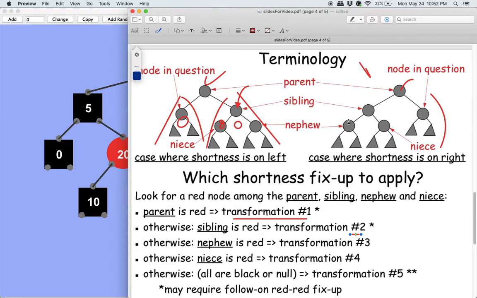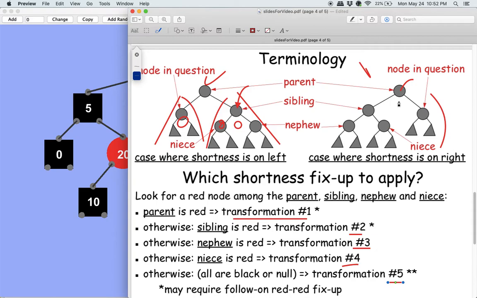Otherwise, if the nephew is red, I will do transformation number 3. Otherwise, if the niece is red, I do transformation number 4. Otherwise, if all of these guys are black or null, and the nephew and niece, one or both of them, could be null, then I will do transformation number 5. And so that takes care of all the cases.